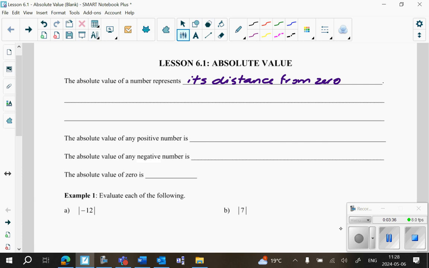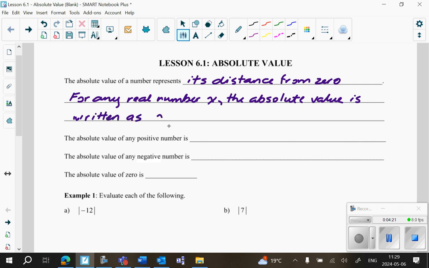The formal math definition, we would say, for any real number x, that means numbers like whole numbers, decimal numbers, fractions, numbers like pi that we can't write as fractions, the absolute value of x is written as x with a couple of vertical bars around it and is a positive number, with the exception of 0.